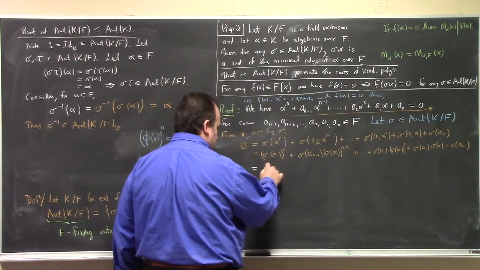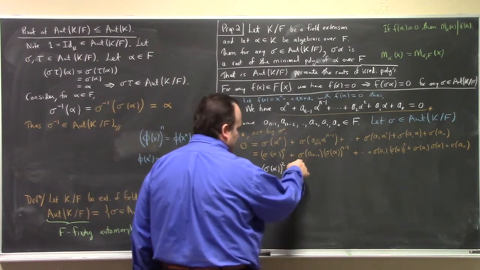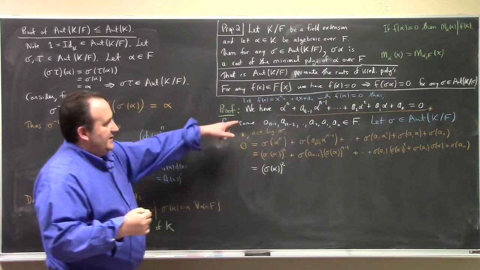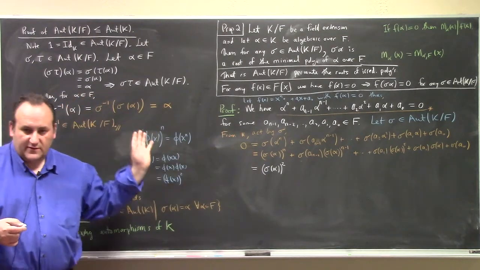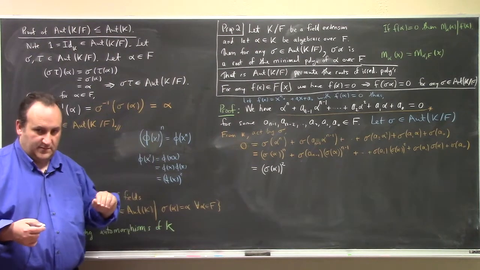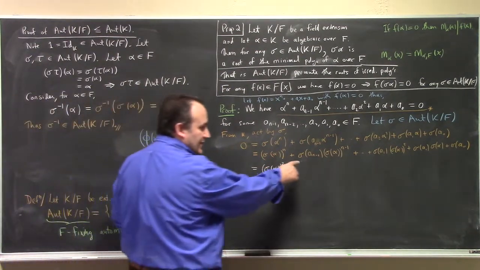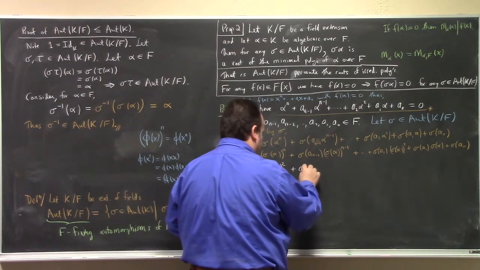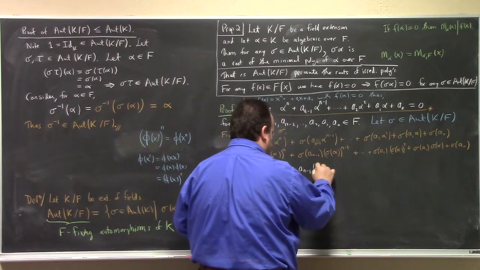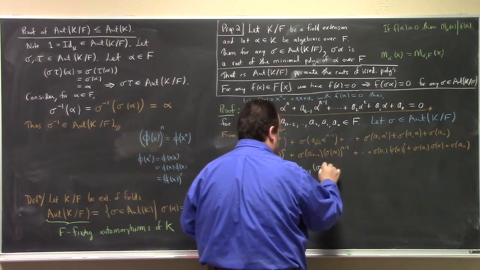This one stays the same, but can you tell me if sigma fixes F? a sub n minus 1, a sub n minus 2, all the way down, all of the coefficients of the polynomial are from F. They're fixed by sigma. That means that sigma of a_{n-1} is a_{n-1}. And at this point, I'm getting tired. I'm just going to write it sigma alpha to the n minus 1.